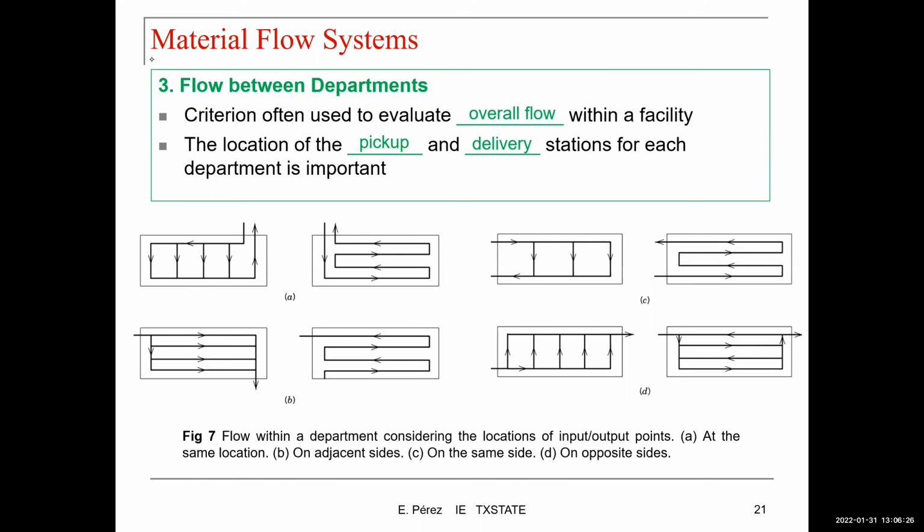So the only option you have is to have the input and output happening in the same area. But if you have more flexibility, like in this case, that should give you maybe extra freedom in terms of designing the flow inside the department or inside the facility. So that's what we call the flow between departments. Focusing on that specific decision, so you can plan for the inside flow of the department.